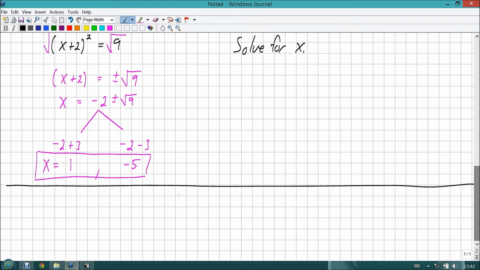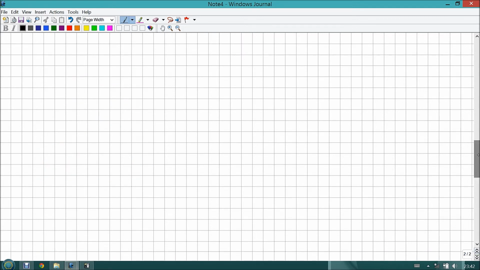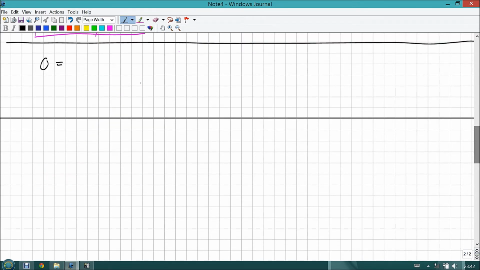So for an example, let's say we're told to solve for x when we're given the equation 0 is equal to negative 2x squared plus 80. My recommendation is, just like before, try to get your x squared by itself and everything else on the other side. So to do that, I would subtract 80 from both sides.